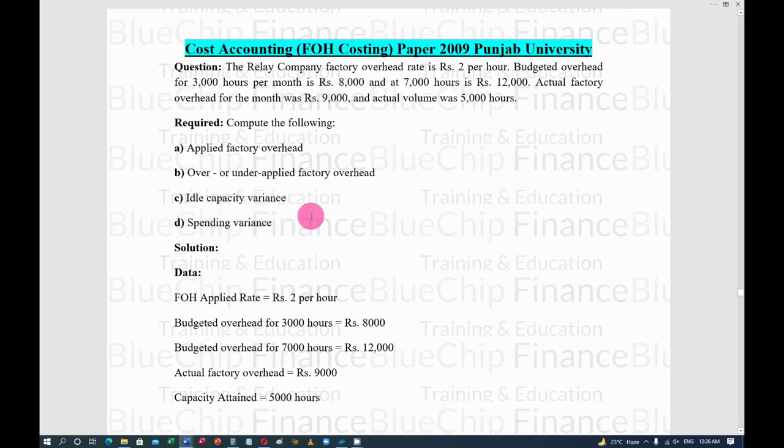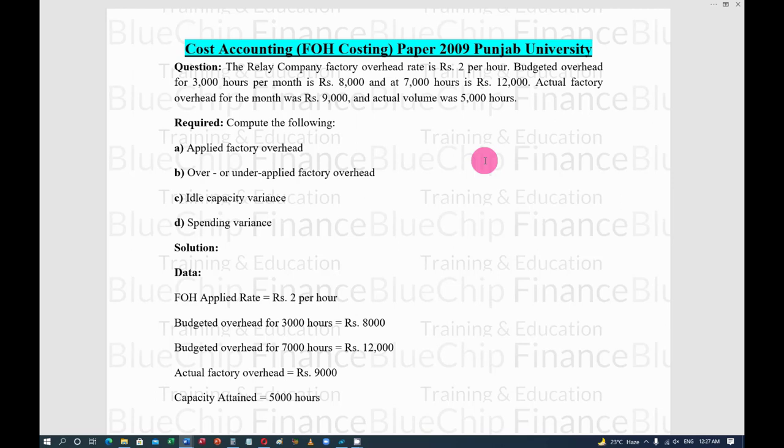First of all, for the calculation of variable rate, if the absorption rate is given, then you have no need to calculate the fixed rate. You only need to calculate the variable rate. If you have the total FOH applied rate and variable rate, then you can calculate the fixed rate also.